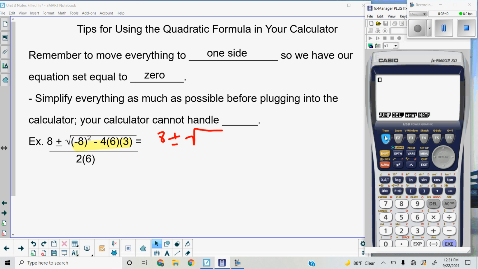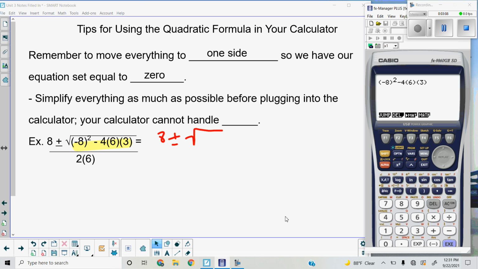Just going to clear my calculator. So we have parenthesis, negative 8 squared, minus 4 parenthesis 6 parenthesis 3.